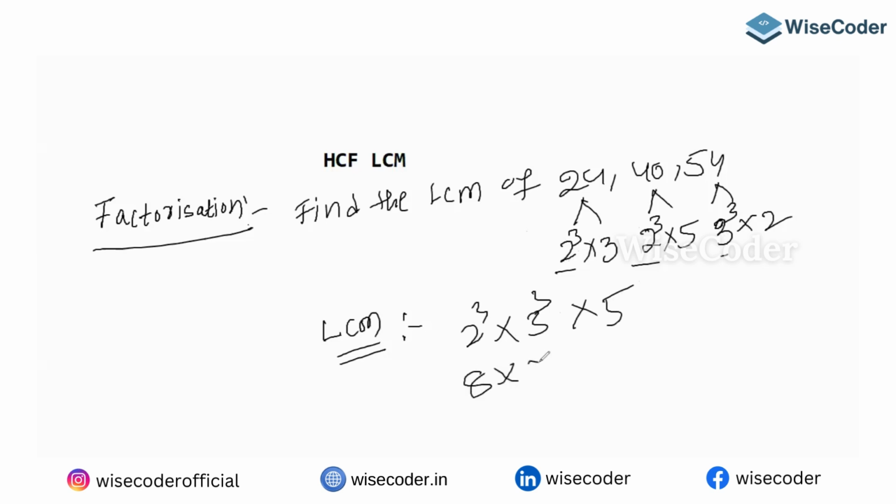So 8 into 9 into 5. 9 times 8 is 72, into 5 is 360. So LCM is nothing but 360.